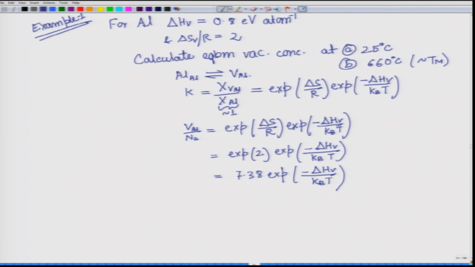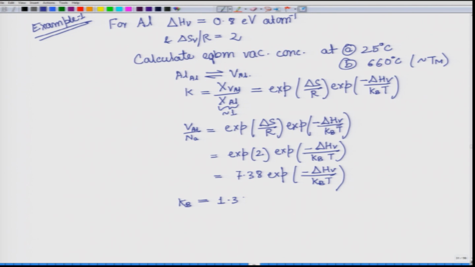Now, what we have here is delta HV, and what we need now is kB. The kB value is usually given, but if it is not given, this is a quantity that you should remember, and you can write it in different units.